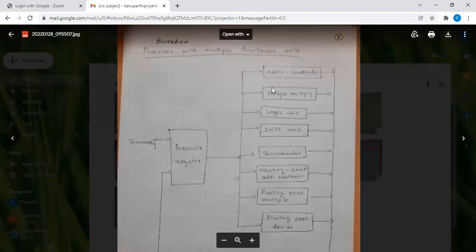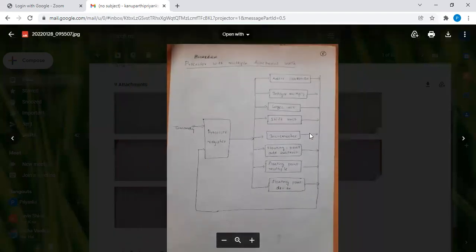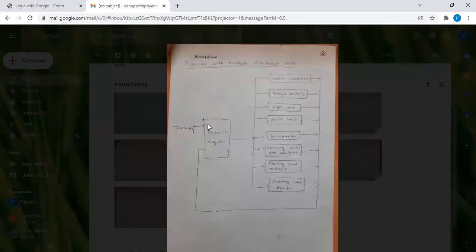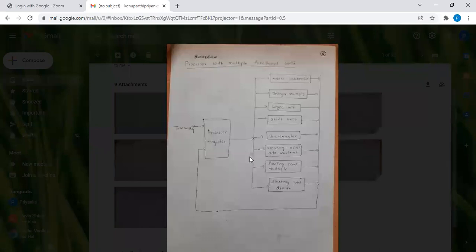So, what are the different multiple functional units? Adding and subtracting, integer multiplication, logic unit, shift unit, incrementer, and floating point multiplication. Here, floating point addition and subtraction, and floating point division. Could you see this? This is a processor, and these are all the different functional units which are performed by the processor.